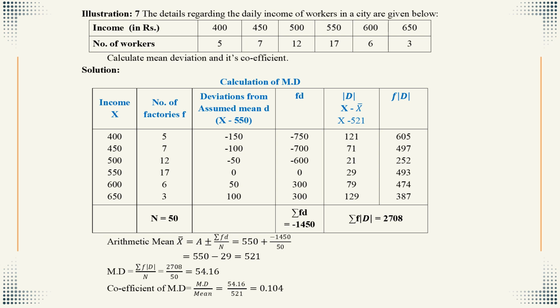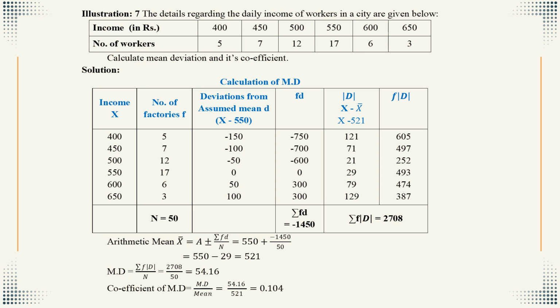Then deviation from assumed mean. So you have to calculate the mean value. The mean value can easily be calculated through an assumed value, which is the better, indirect method of calculating mean. Then deviation from the assumed mean is to be calculated.